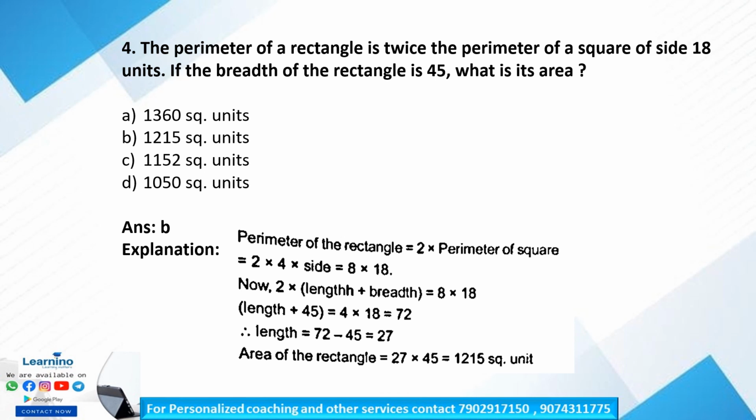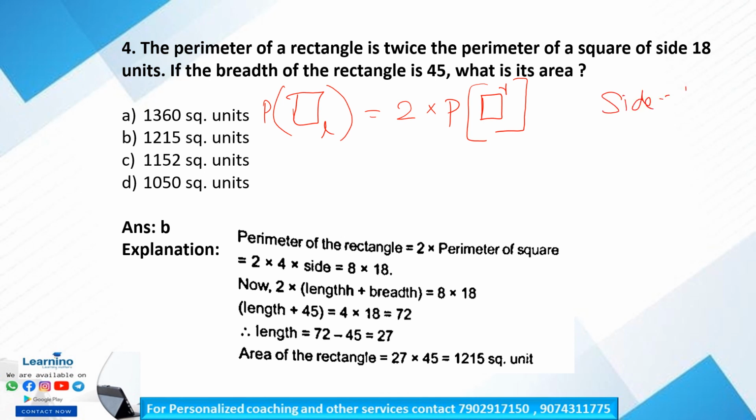So the question is given that the rectangle's perimeter is equal to twice the perimeter of the square of side 18 units. This is the information of the square. Square of side 18 units. If the breadth of the rectangle is equal to 45, what is its area?